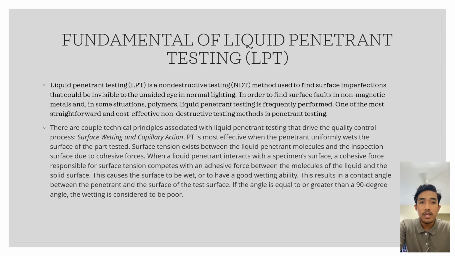When a liquid penetrant interacts with a specimen surface, a cohesive force responsible for surface tension competes with an adhesive force between the molecules of the liquid and the solid surface. This causes the surface to be wet, or to have a good wetting ability. This results in a contact angle between the penetrant and the test surface. If the angle is equal to or greater than 90 degrees, the wetting is considered to be poor.